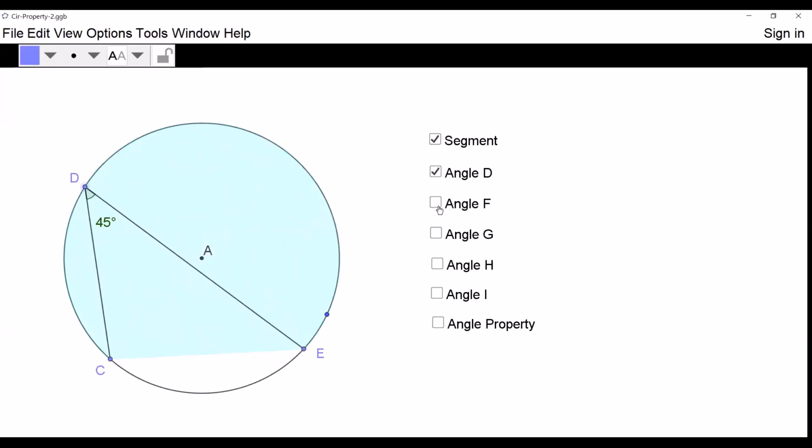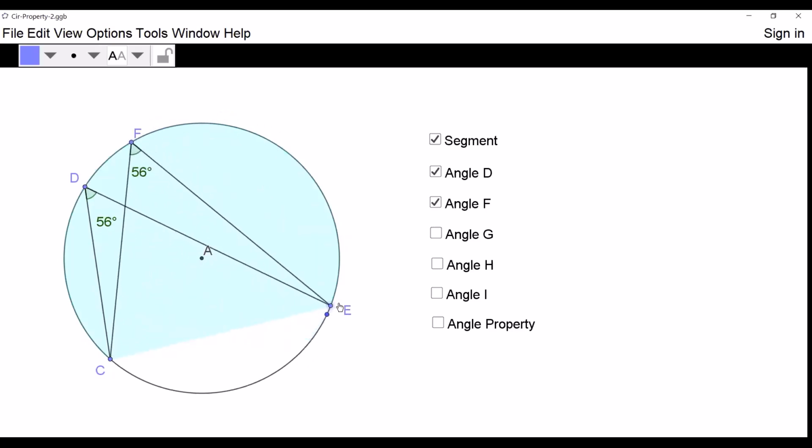We add a second angle, angle F, which is again 45 degrees. So anywhere in the segment, angle F is 45. Now let us vary the angle. So we can see that they are both equal.